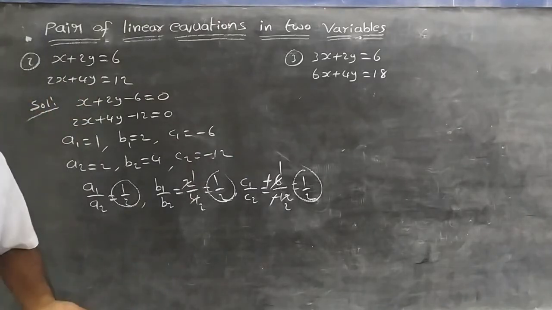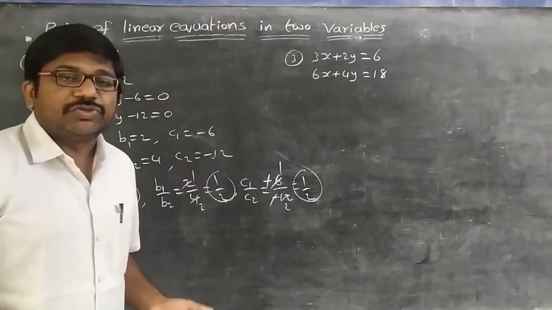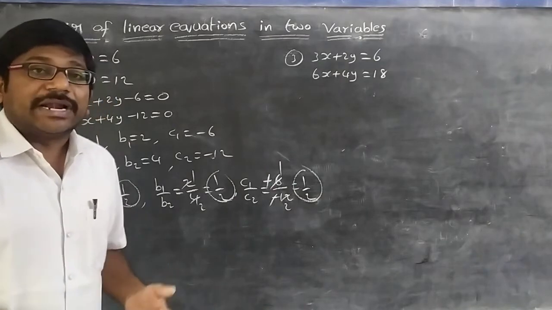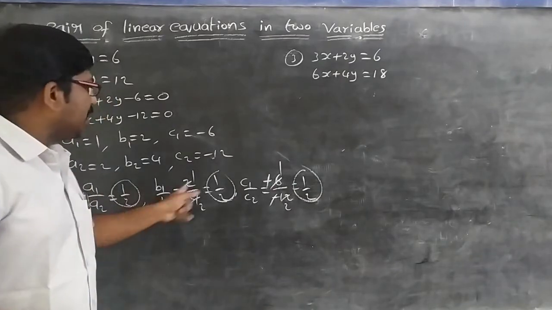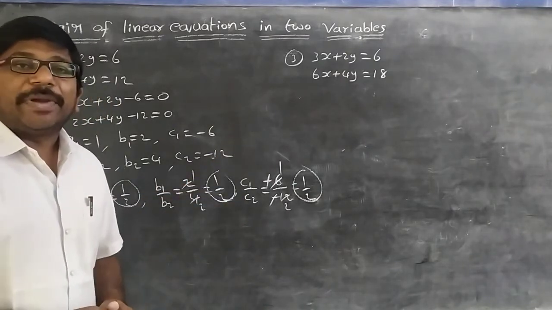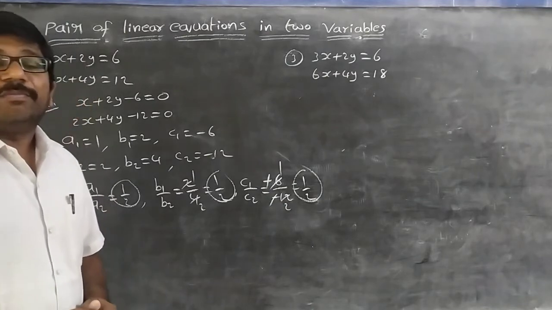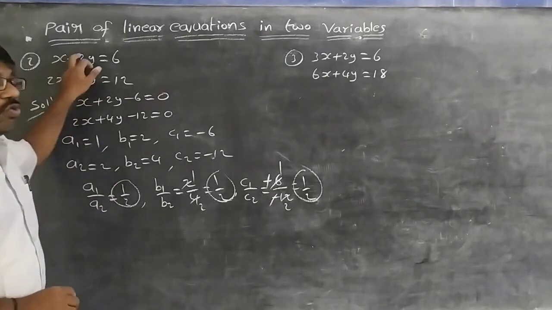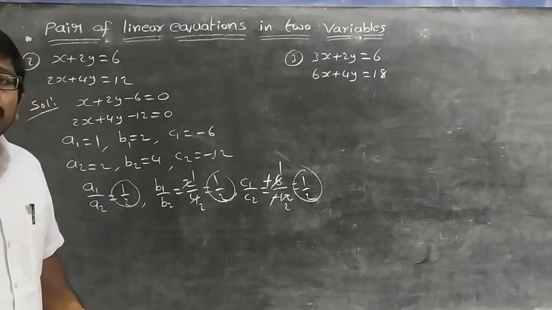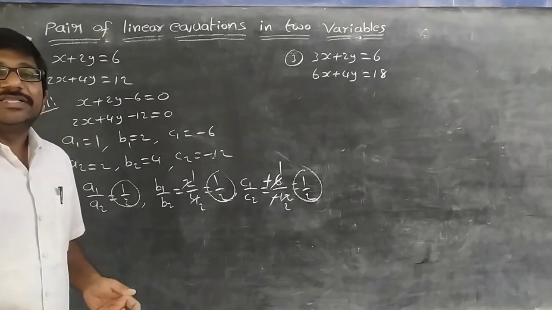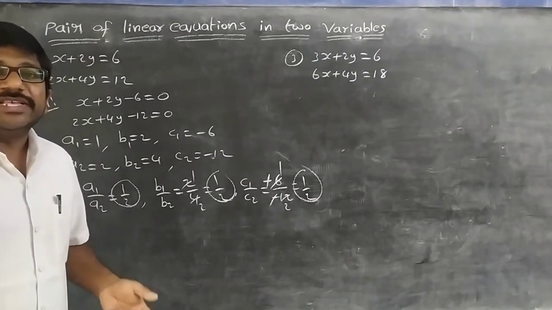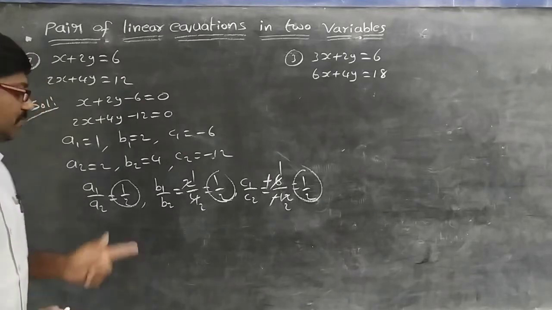If a1 by a2 is equal to b1 by b2 is equal to c1 by c2, according to the third condition, if all ratios are equal, then the pair is dependent. It means in this case the two lines are coincident to each other. In this case the pair has many solutions, right?